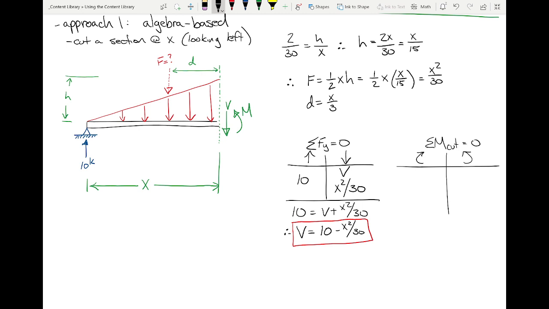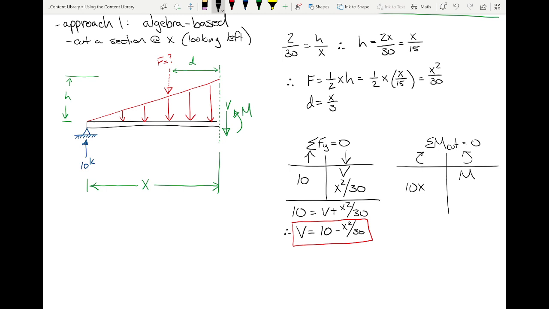Does that generate moment? At the cut, does it belong on the left side of the table or the right side of the table? And what's the moment arm? x, 10x. On this side, I have M. I don't need to consider the V because it's going right through the cut.